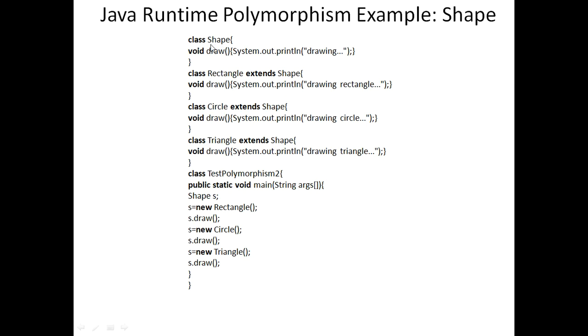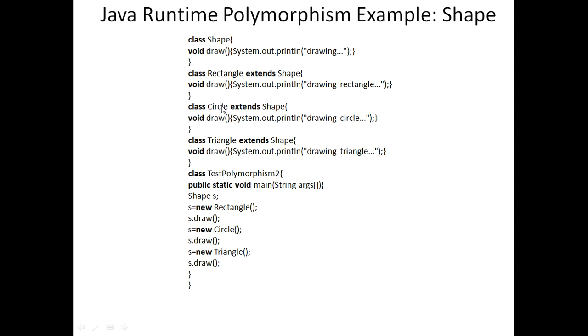You can see, first I define class Shape. In that I have one method, void draw, which prints drawing. That's it. Then class Rectangle extends the characteristics of Shape. The function remains the same, but it prints something more specific to the rectangle, drawing rectangle.